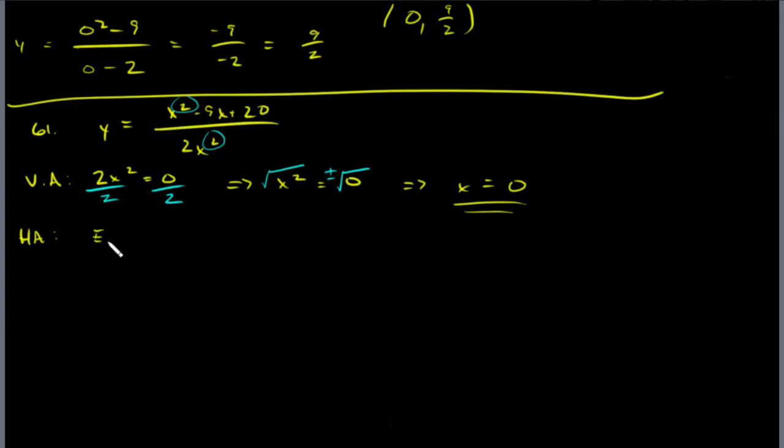The exponents are the same, so you divide the coefficients. The leading coefficient is 1 on the numerator, because there is 1x squared. And in the denominator, there are 2x squareds. So you get y equals 1 over 2. And so there is your horizontal asymptote.